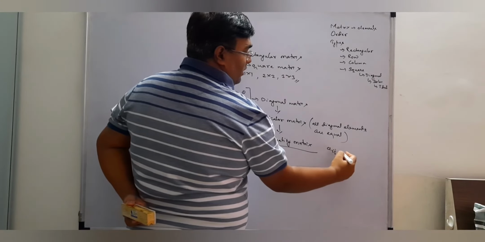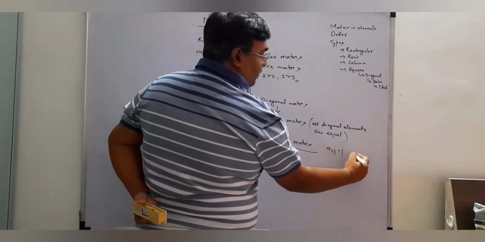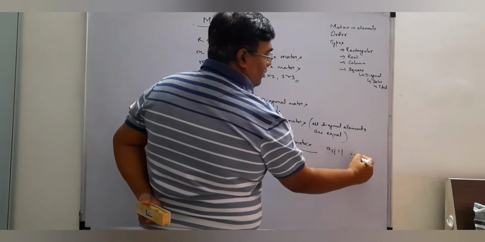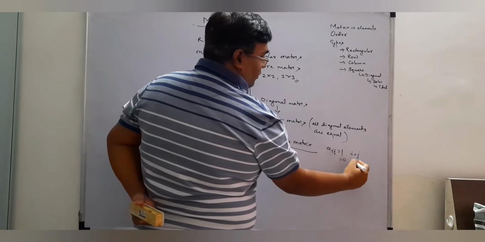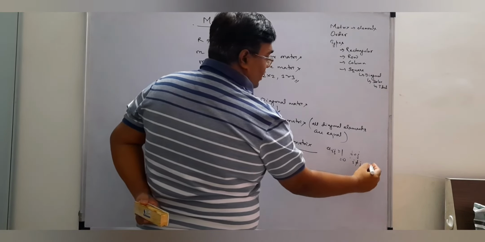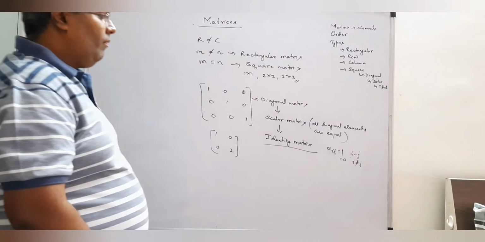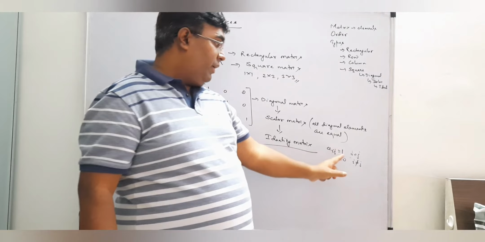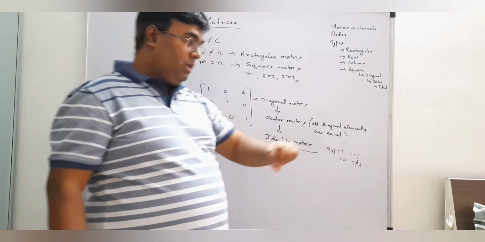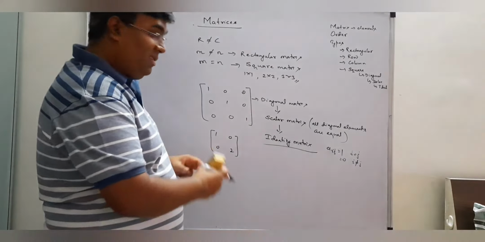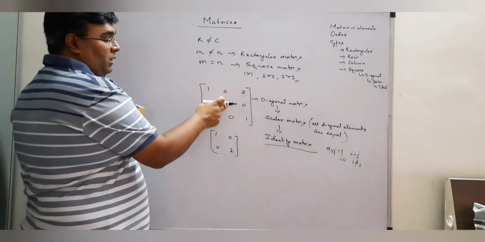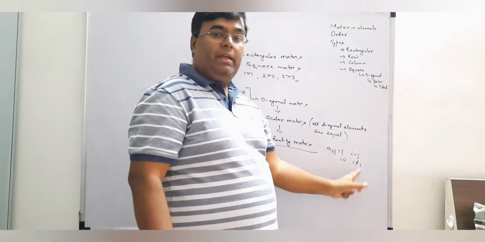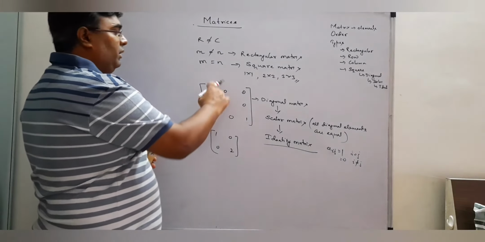Aij is equal to 1 for all i equal to j, and 0 for all i not equal to j. What have I written? All the elements are 1 where i is equal to j, meaning 1 1, 2 2, 3 3. This is A11, A22, A33, and 0 if i is not equal to j, meaning the other elements.